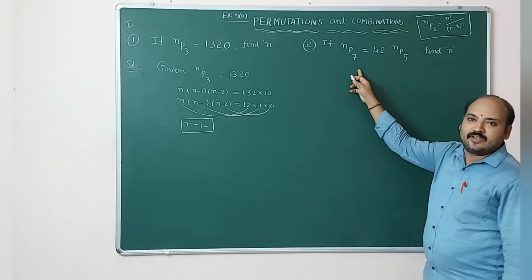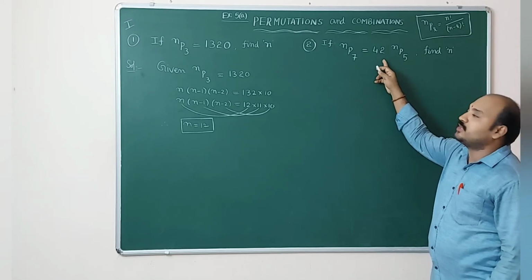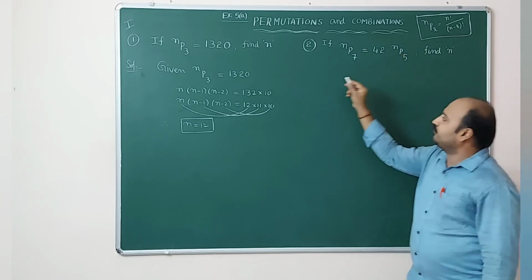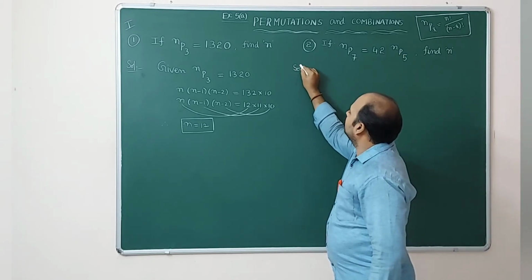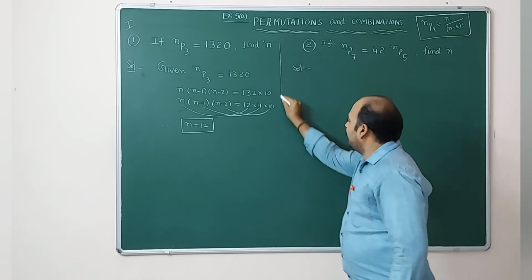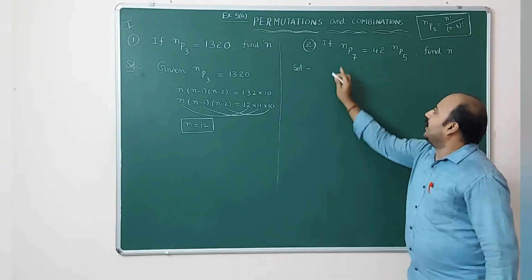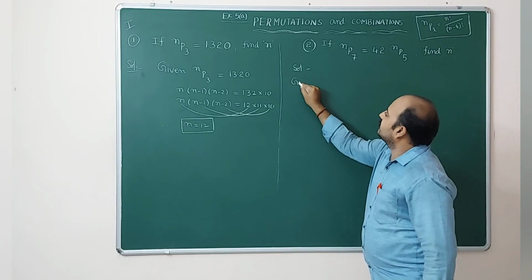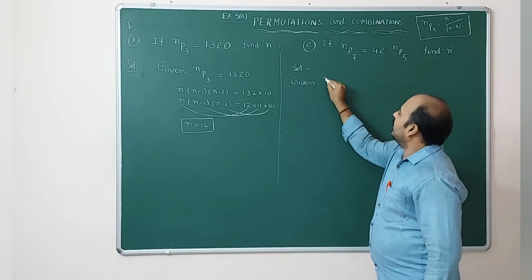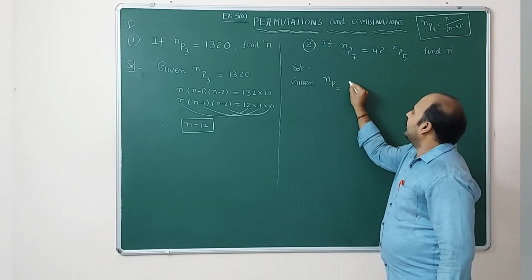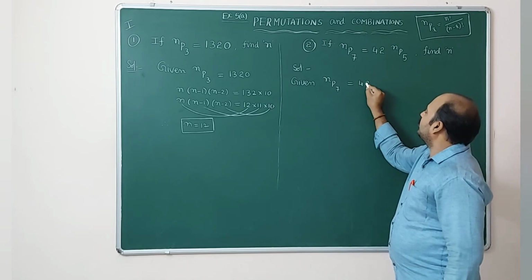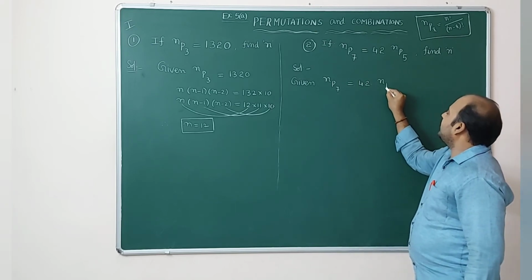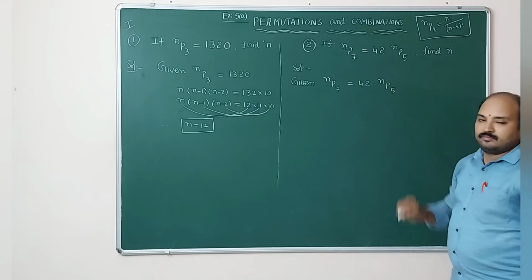If nP7 is equal to 42 into nP5. In the solution step, given nP7 is equal to 42 into nP5.